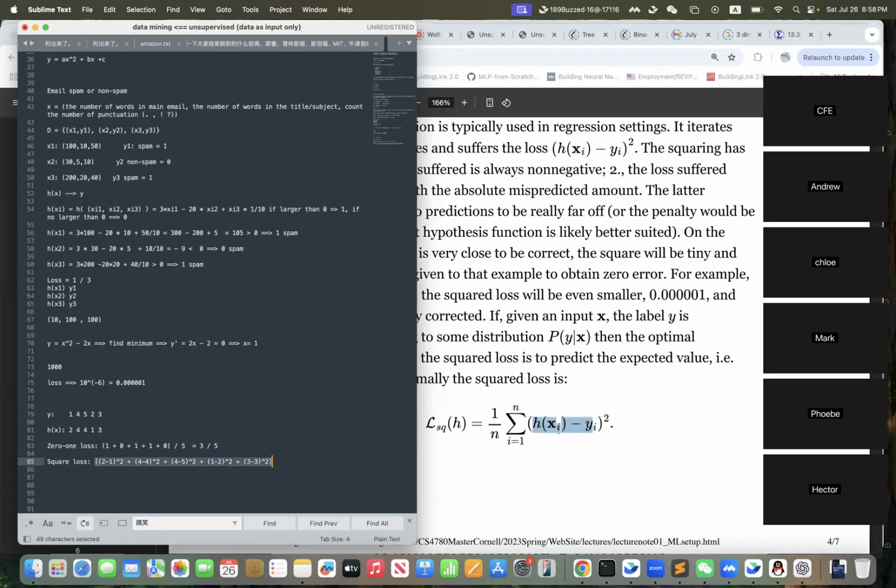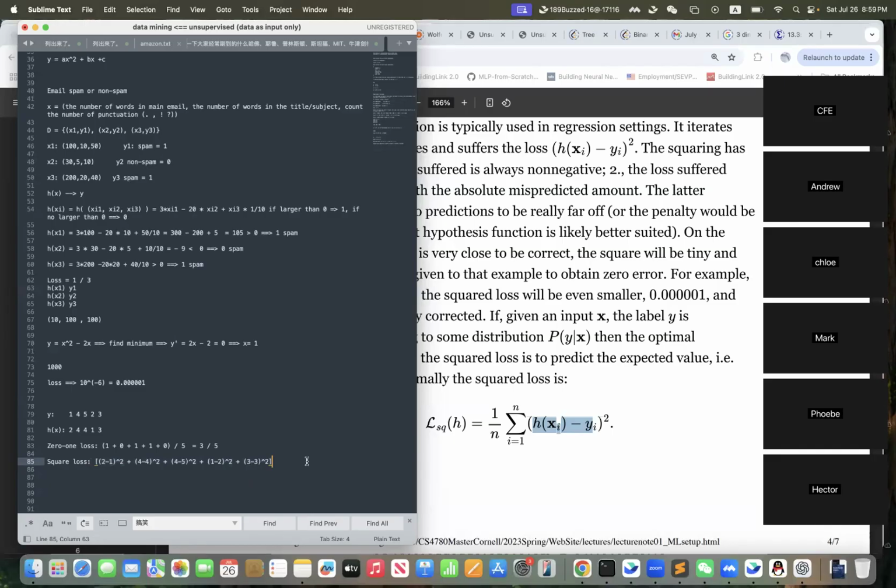Maybe Mark, can you answer this? Is this the entire loss, or should we modify it a bit? Okay, maybe Hector, can you answer this? Is this the final answer for the square loss?